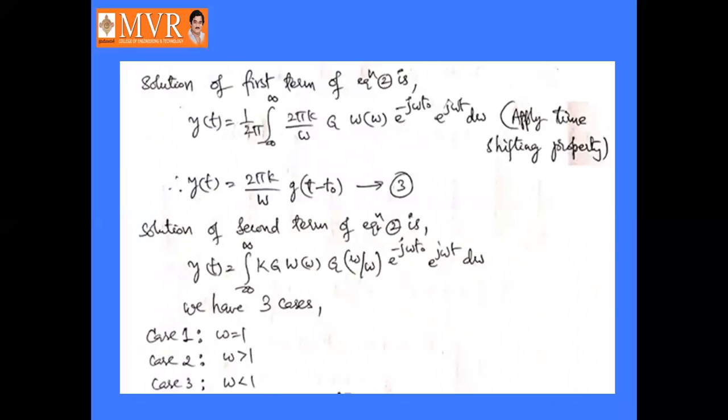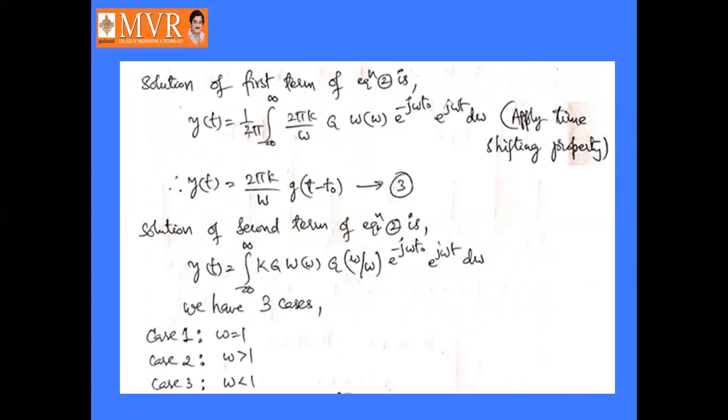Okay, for the solution of the first term of equation 2, we are applying the time shifting property, so that y of t will become 1 by 2 pi integral from minus infinity to infinity of 2 pi k by omega into g of w of omega into e power minus j omega t naught into e power j omega t d omega.